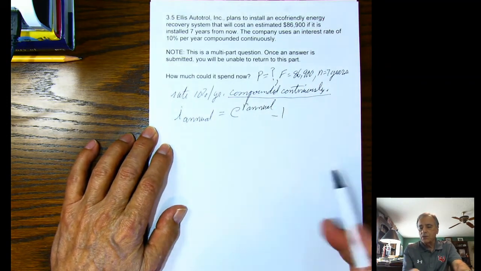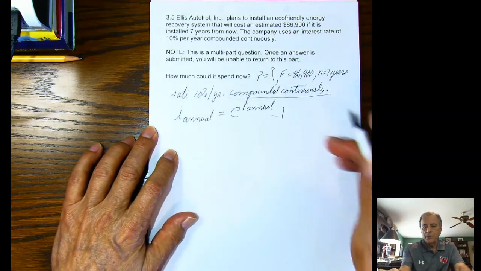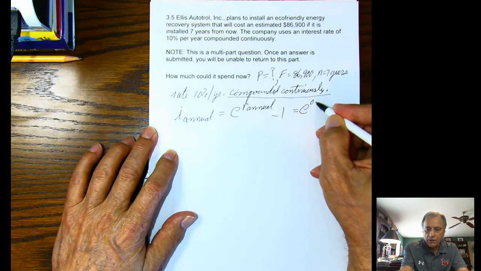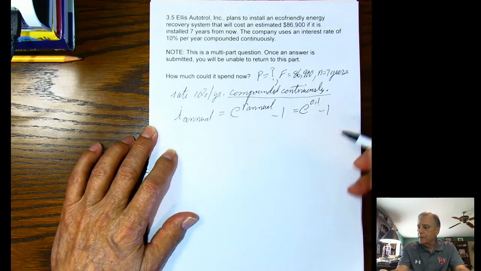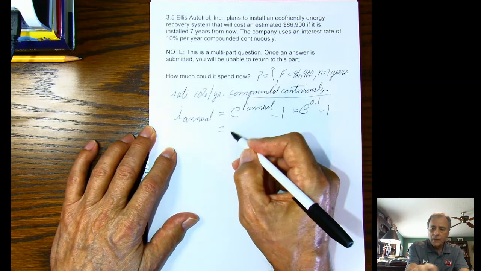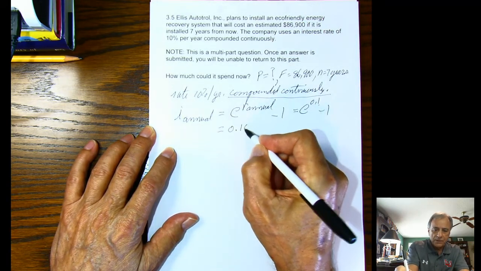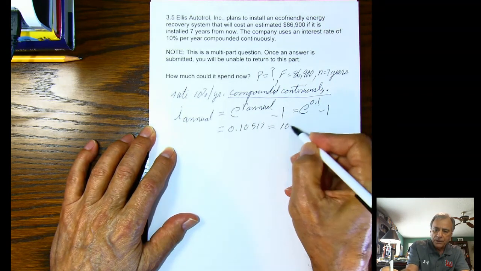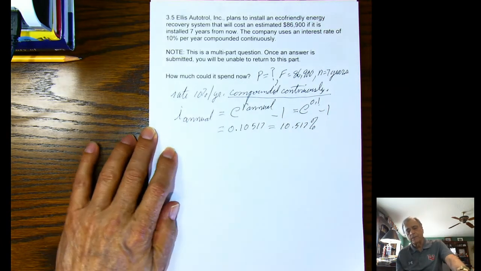Of course, if it's discrete compounding, we use equation 3.2, which we've been doing in previous problems. So this will be equal to e to the 0.1, that's 10% or 0.1, minus 1. And if you work that out, that number is 0.10517 or 10.517%, moving the decimal place two.